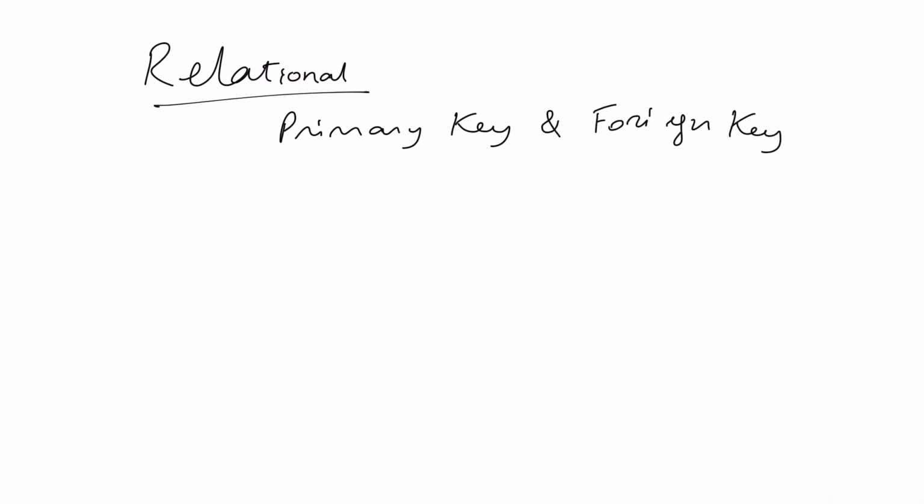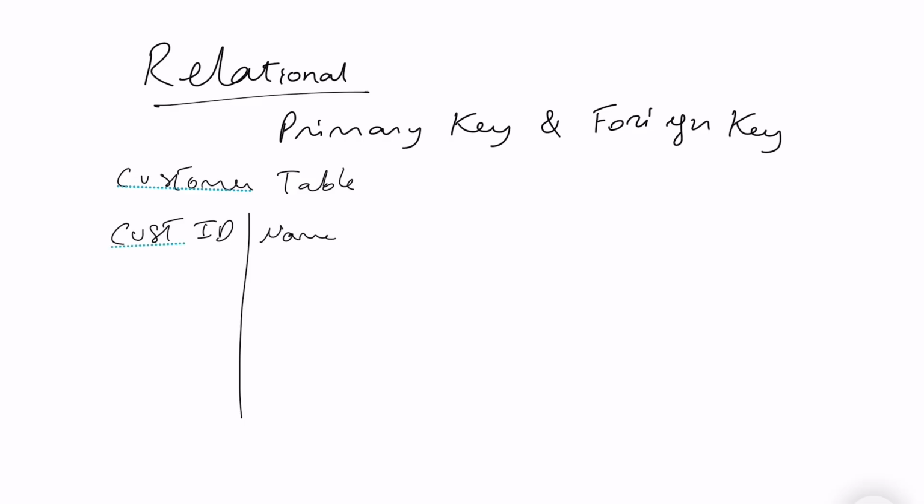So quickly, let me just check one thing. Sorry, it is not the correct one. So primary key and foreign key. If I take again a banking example, let's say there is a customer table where you have customer ID as a column, then you have name, then maybe mobile number, then city, right?